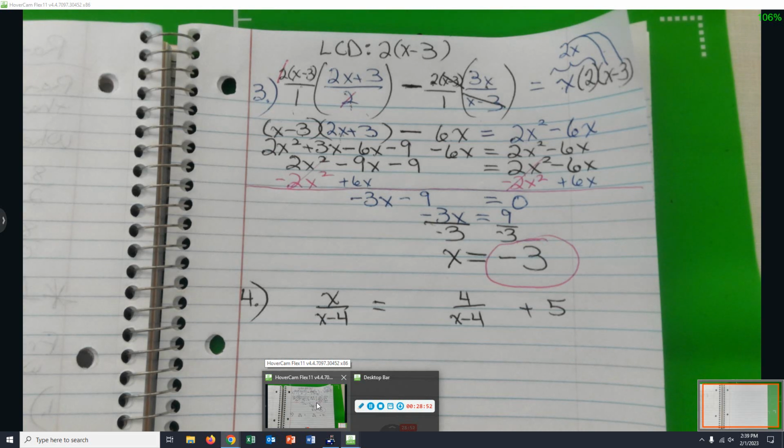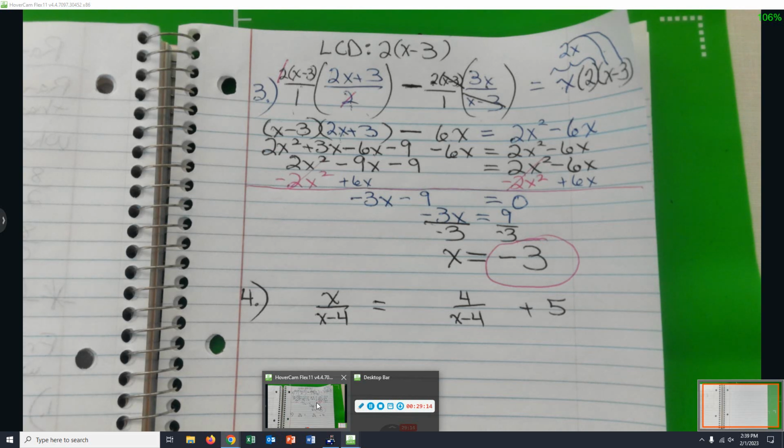I didn't understand your question. Can you repeat it? The least common denominator, how did you find that? I looked at the two denominators that appeared, asked myself, could either of them be factored? They couldn't be, in which case the least common denominator is just their product. Just the two denominators. 2 was the first denominator times x minus 3 was the second denominator.